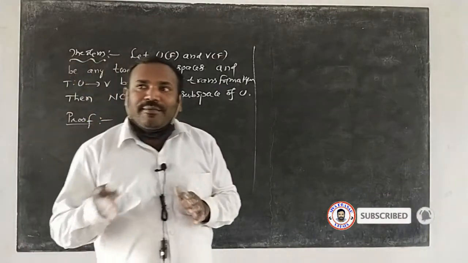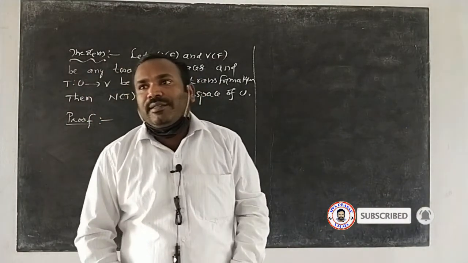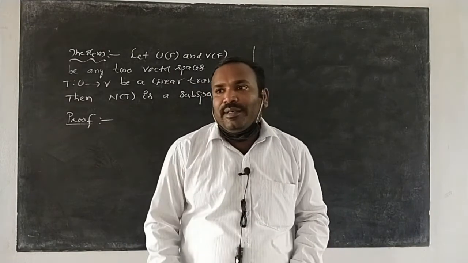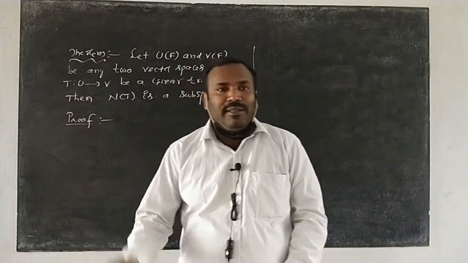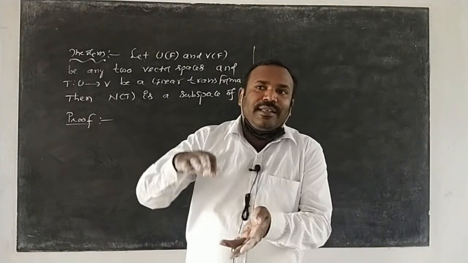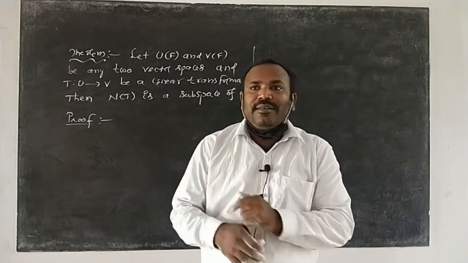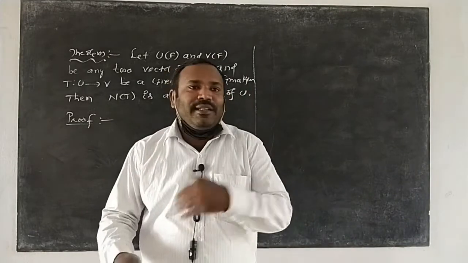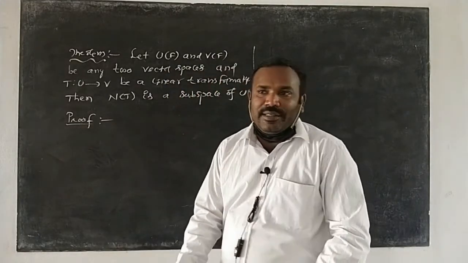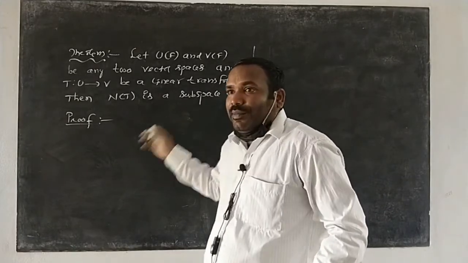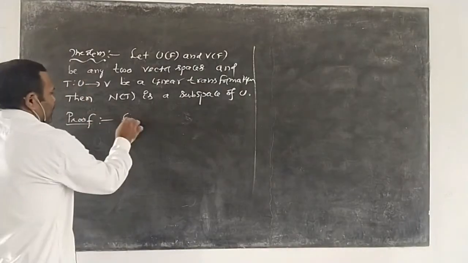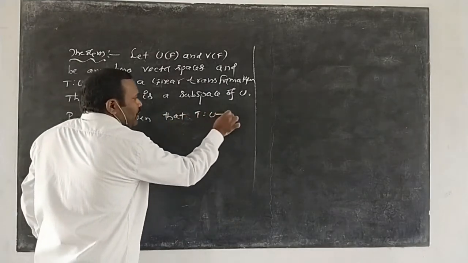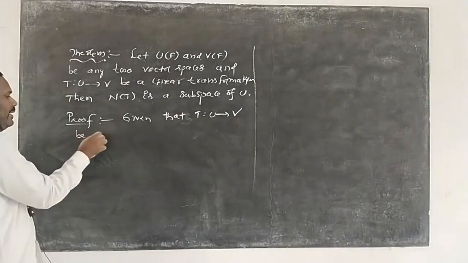N(T) is a subset of U, and a subset can become a subspace. In the previous theorem, R(T) is a subspace of V, which is proved. So that is what we are going to prove. Write the proof. Given that T from U to V is a linear transformation.